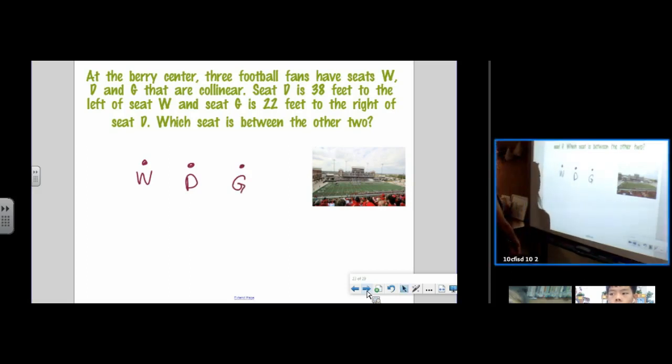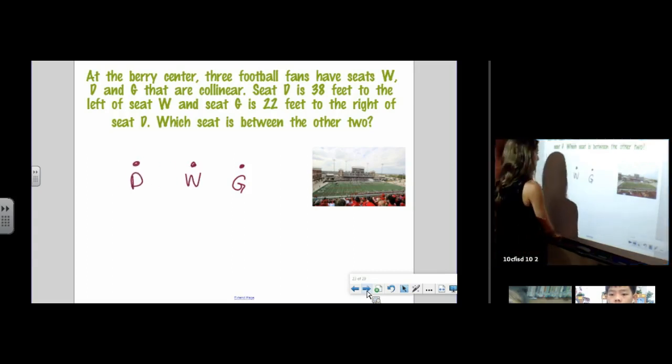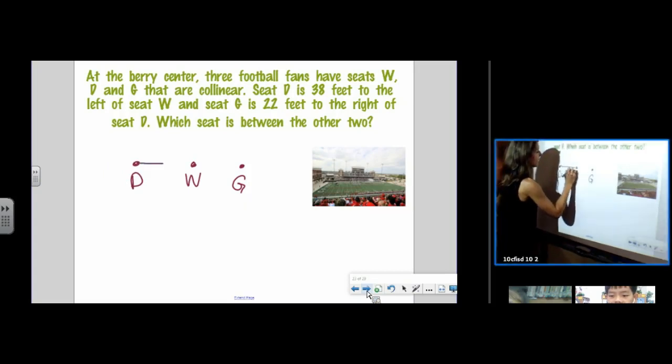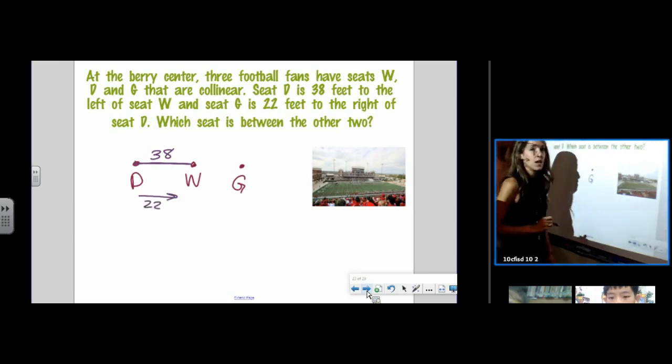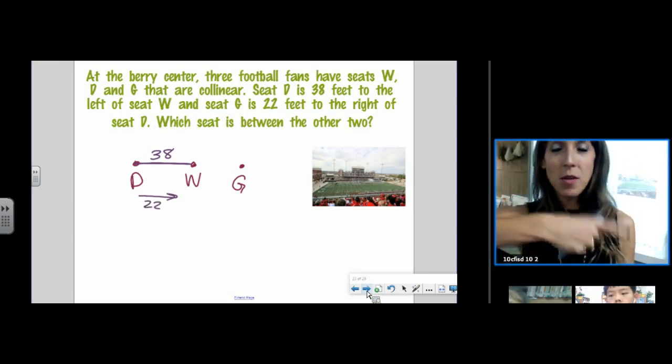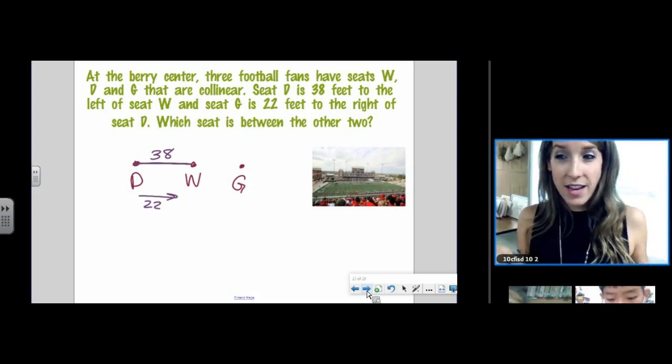All right, let's see. Seat D is 38 feet to the left of seat W. Okay, so I already put these in the wrong spot. I have the luxury of a smart board, so cool. So D is 38 feet to the left of W. G is 22 feet to the right of seat D. Oh no. So if I'm at D and I go 22 to the right, do I land past W or before W? 22 is less than 38.